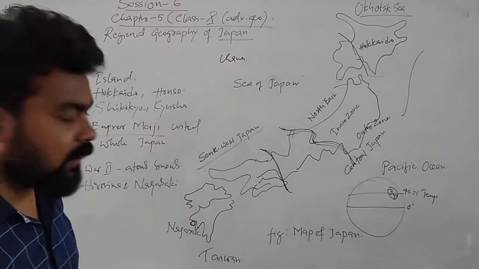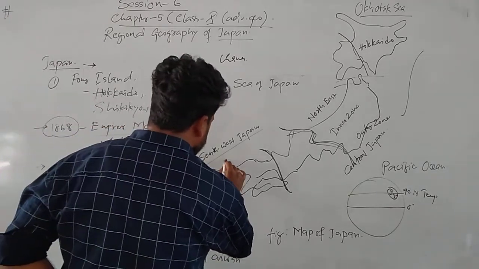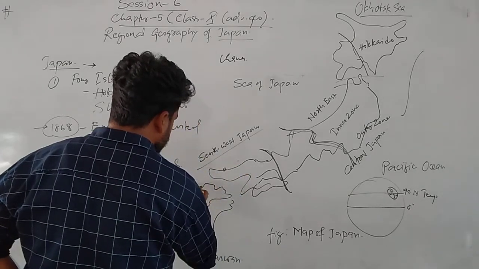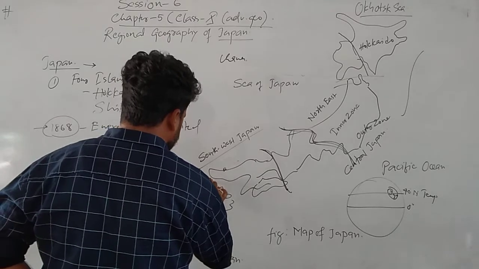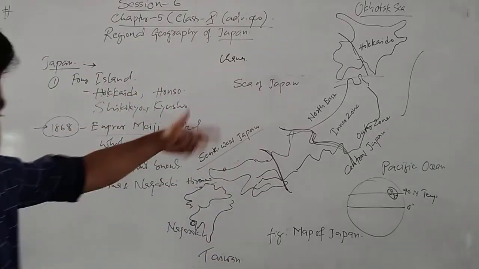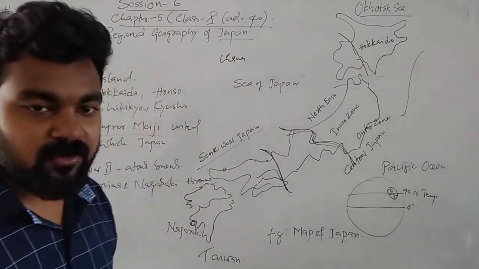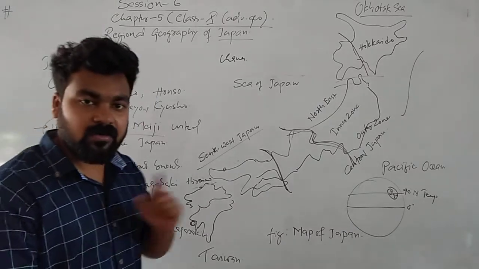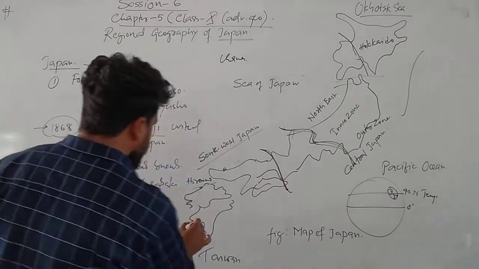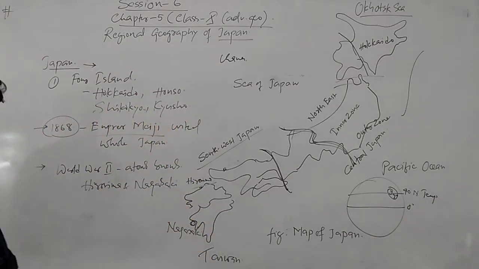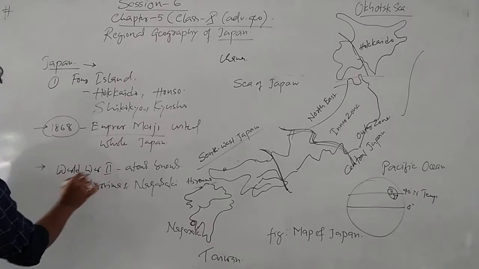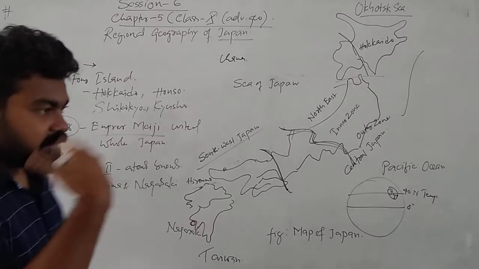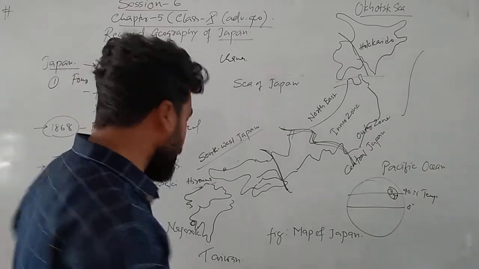You look at the map carefully. This is a sketch map, so it is actually not true to scale, so be careful when you see it. You can compare with the atlas. The atom bomb blasted at Hiroshima and Nagasaki in World War II, in 1945, because that World War was from 1939 to 45.